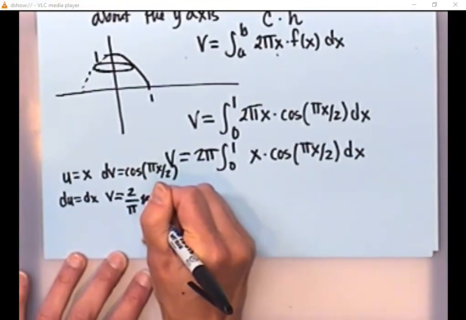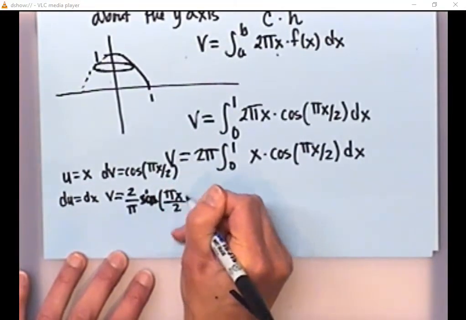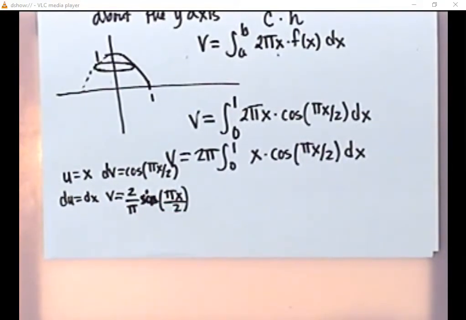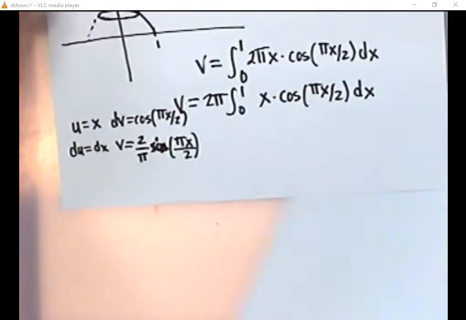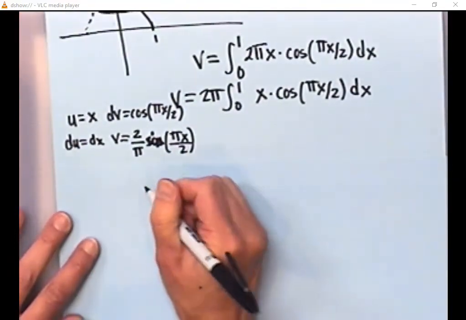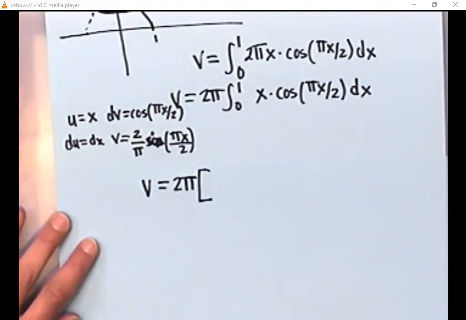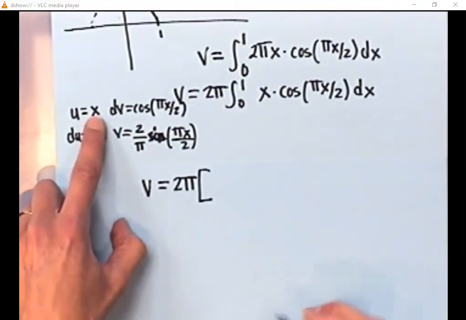It should be sine of pi x over 2. So it should be 2 over pi sine of pi x over 2. And then we'll go ahead and do the volume. So you have this 2 pi in front, and we're going to do the integration by parts formula.